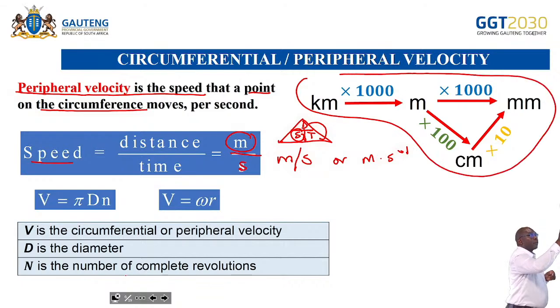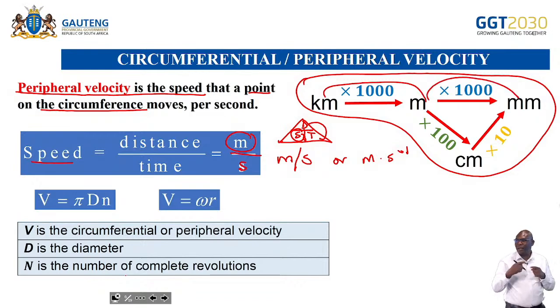Now, the conversions. Remember, you must always know your conversions. If I want to take kilometers to meters, then I must multiply that by 1,000. If I want to take meters to millimeters, then I must multiply that by 1,000 also. But if I want to take kilometers to millimeters, that's a long stretch.